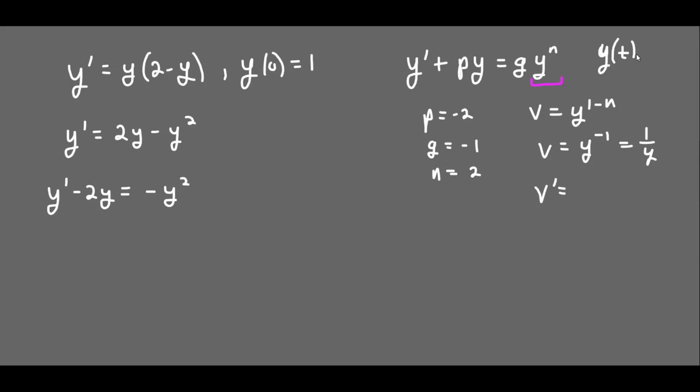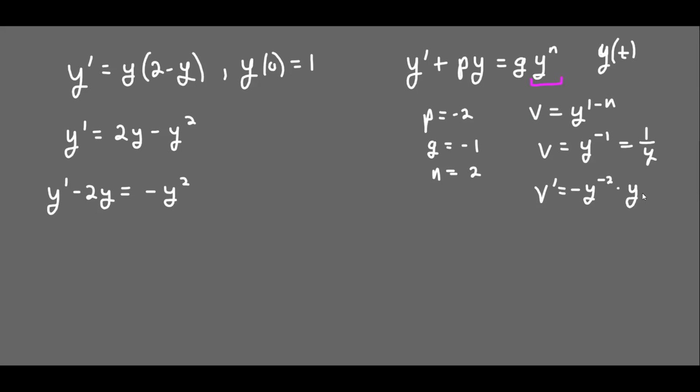So that means we have to do implicit differentiation here, which basically just means you're using the chain rule. So we're going to find the derivative of y to the negative 1 as if we're taking the derivative with respect to y. So that's just a power rule, right? So that'd be negative y to the negative 2. And then we multiply by the derivative of y with respect to t.